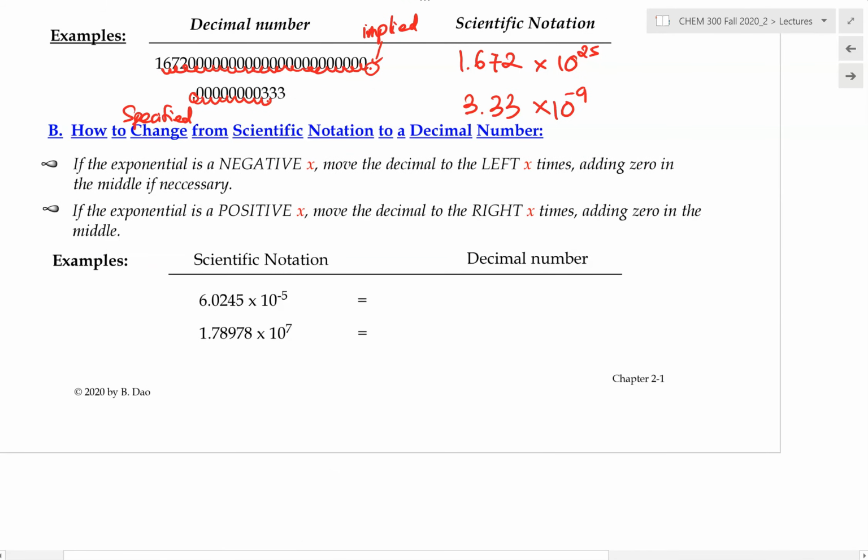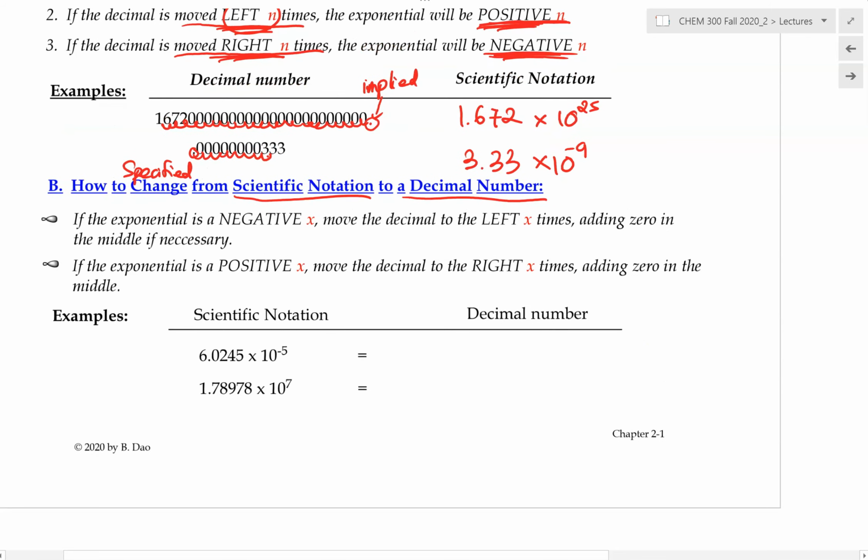And likewise, we need to be able to change from a scientific notation back into a decimal number, or a decimal notation, as well. So this is the opposite of what we have done on part A. So here's how we would do it to be able to change from a scientific notation to a decimal number. First, take notice of the exponent.